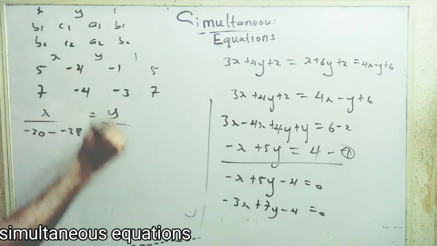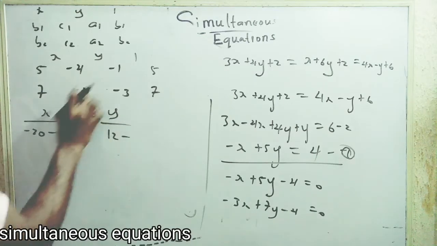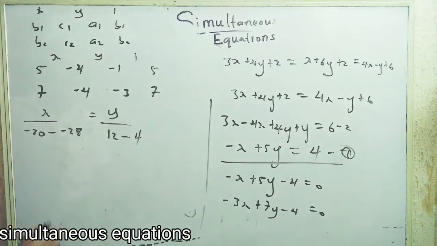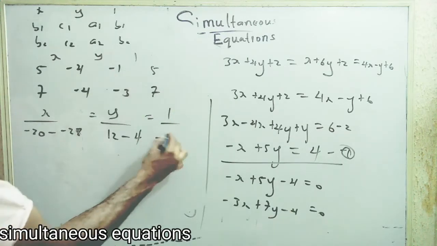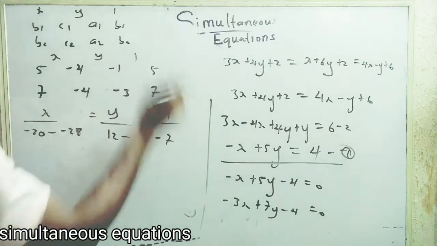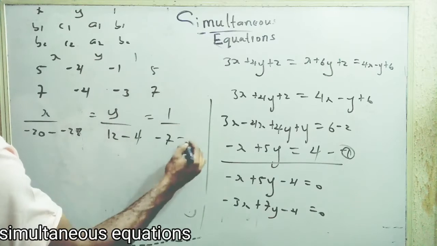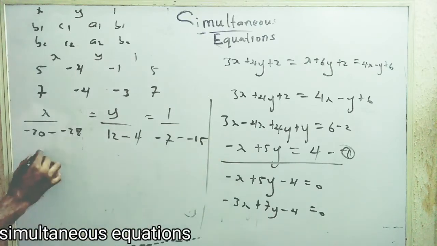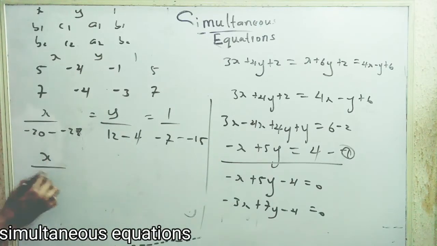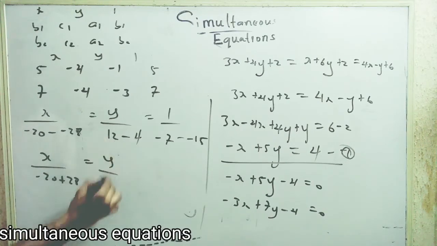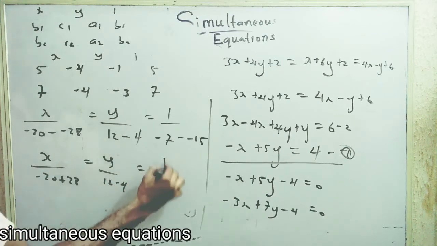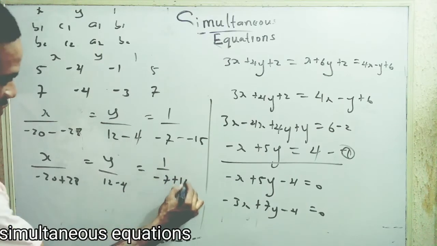This times this will give me 12, minus 4 times 1, which will give me positive 4, is equal to 1 over this times this, which is minus 7, minus 3 times 5 will give me minus 15. So what I have is x over minus 20 plus 28 is equal to y over 12 minus 4 is equal to 1 over minus 7 plus 15.